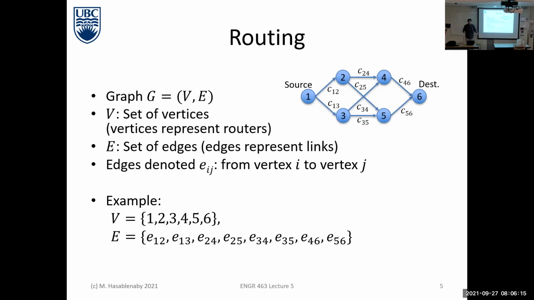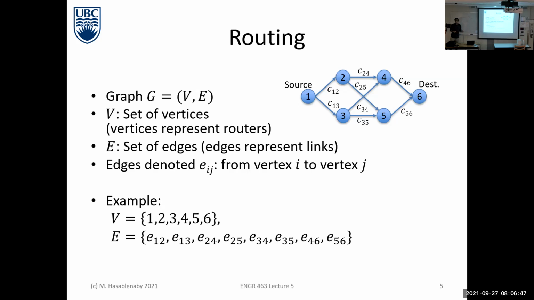Let's represent our network topology in a graph. This graph consists of a number of vertices: 1, 2, 3, 4. Each vertex represents a router, and we have a set of edges.